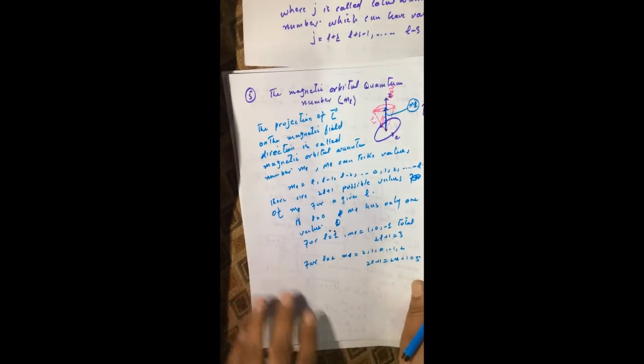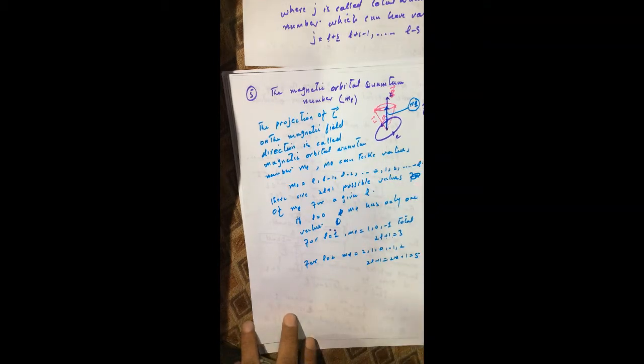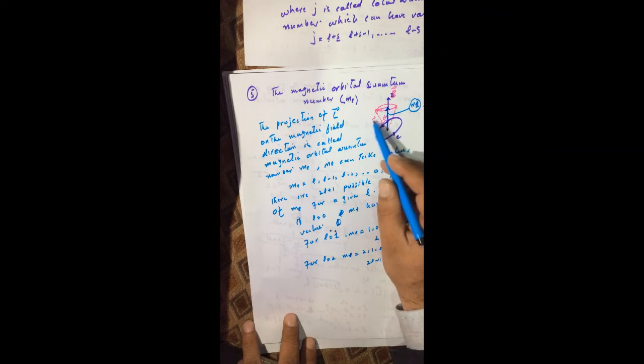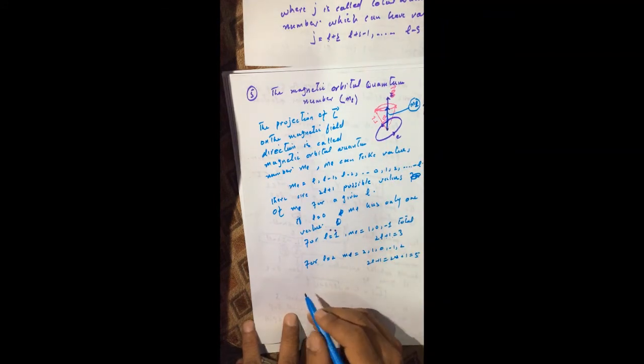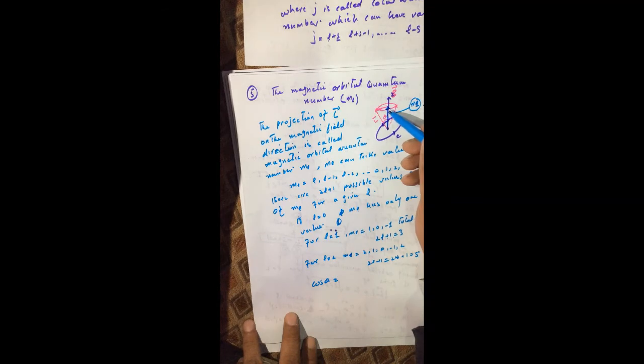Now, the angle between this orbital angular momentum and this magnetic orbital quantum number is calculated by using this formula: cos theta, where this is the base and this is the hypotenuse.